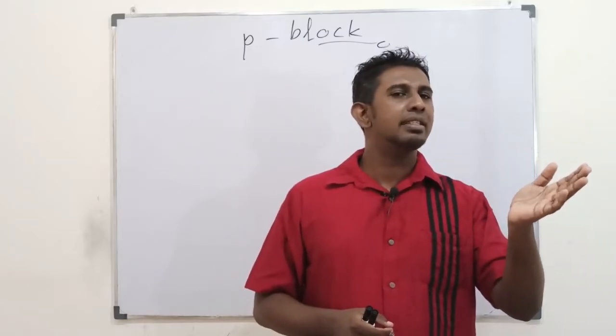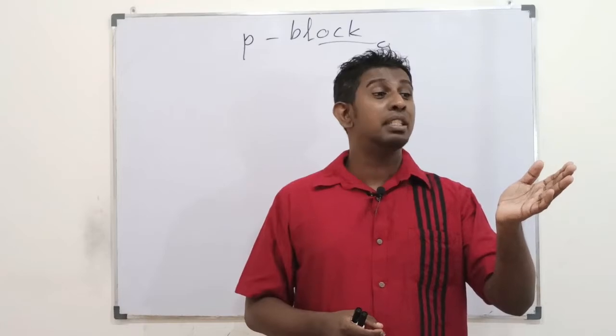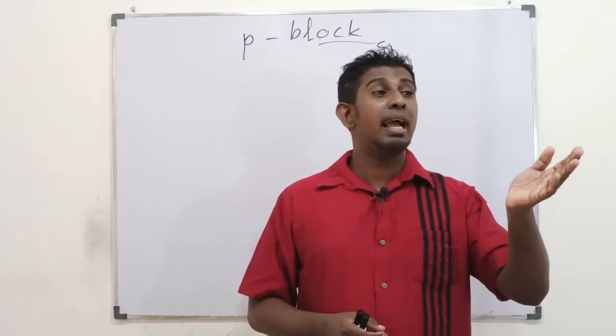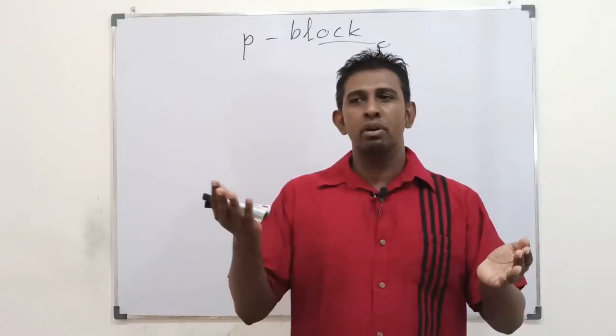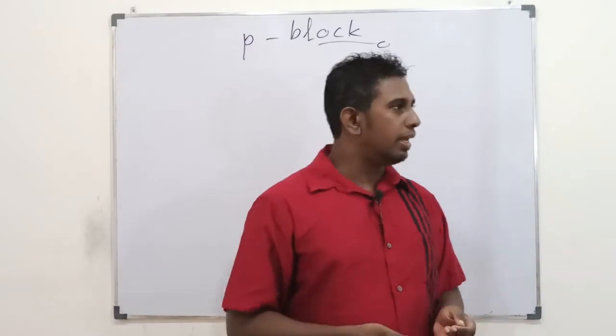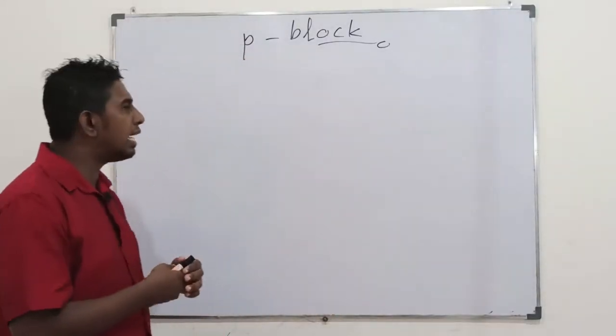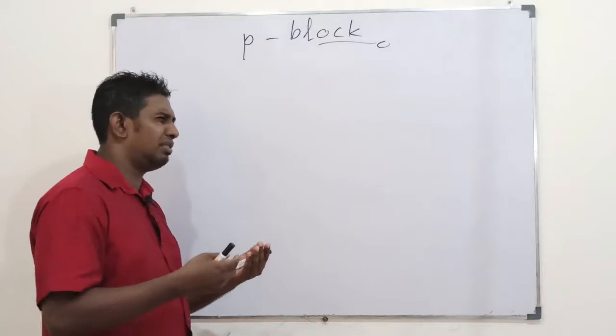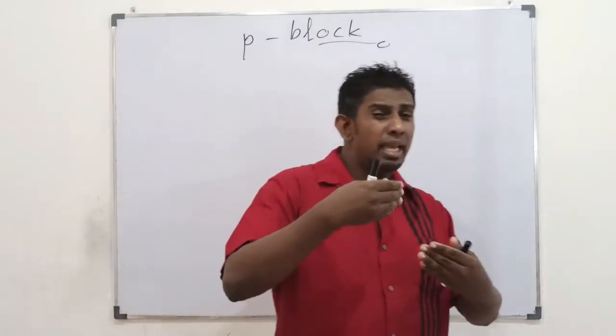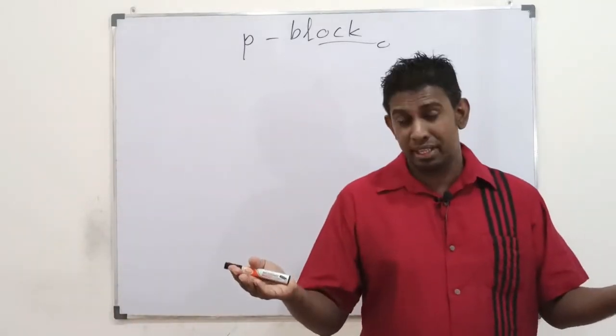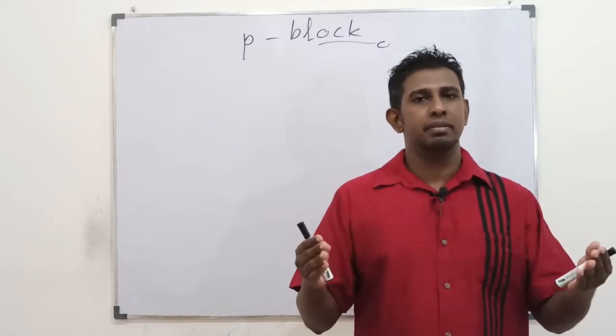What is the context now? What is the basis they are using when they call this a metal or non-metal? So my point is there are two ways you could categorize them as metals, non-metals.